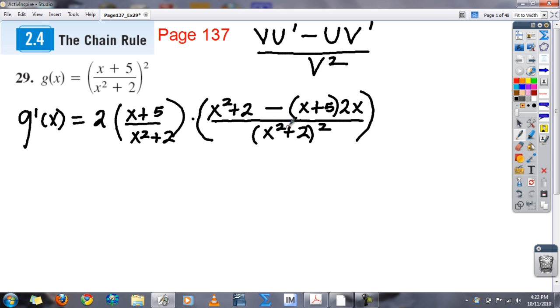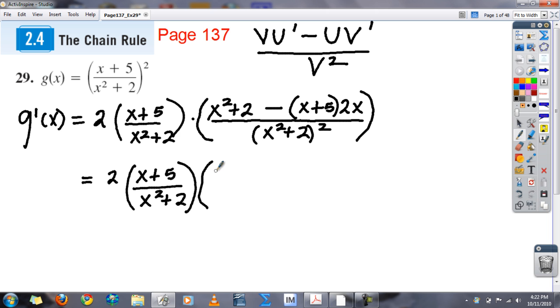Now we're probably going to want to simplify this here on top, because you can distribute and combine like terms and all that good stuff. So to get the back of the book answer, here we're going to have 2, and this stays the same, x plus 5 over x squared plus 2. I did nothing here, but on the top I'm going to distribute and combine like terms.